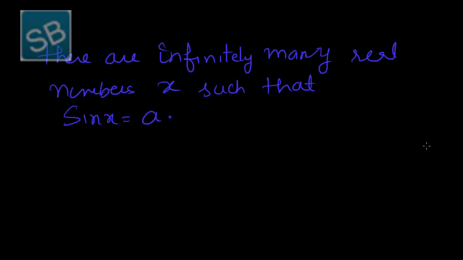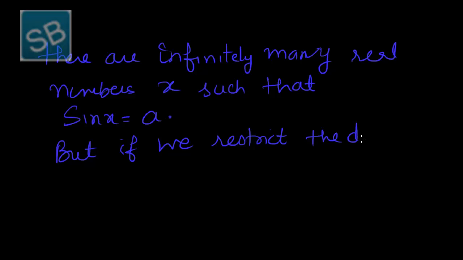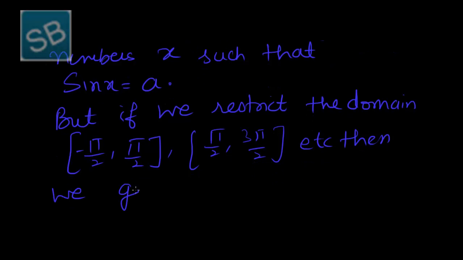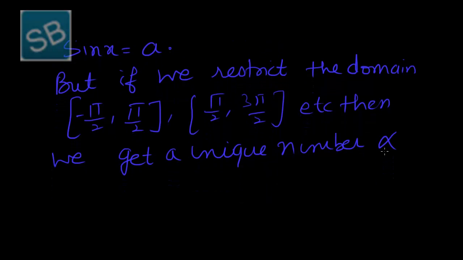But if we restrict the domain to minus pi by 2 to pi by 2, and pi by 2 to 3 pi by 2, etc., then we get a unique number alpha such that sin alpha is equal to a.